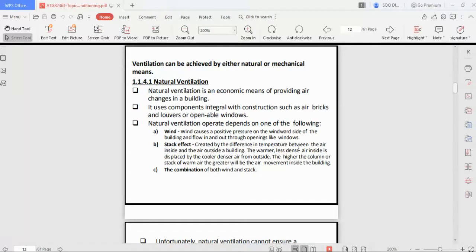As the air inside the room gets warm, it will go up, and as it goes up, it is replaced with cooler and denser air. So this is what is meant by stack effect. Natural ventilation works with a combination of wind and this stack effect.